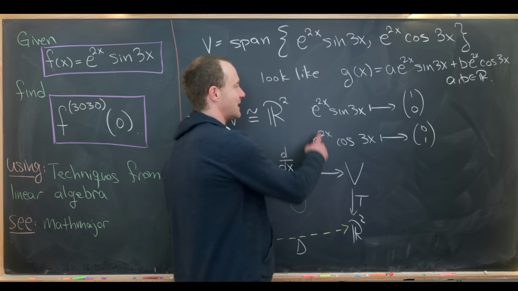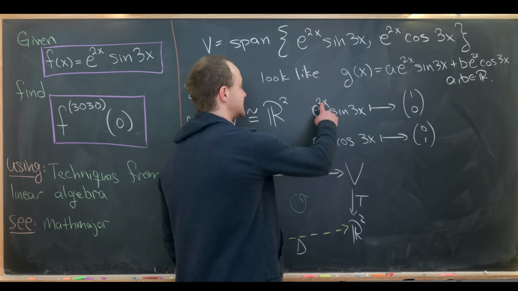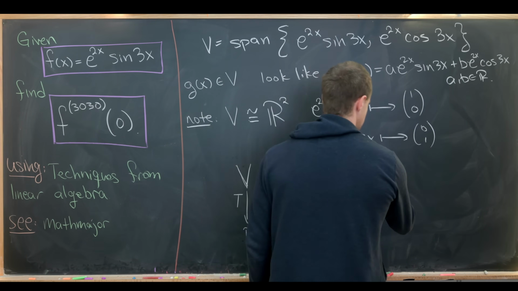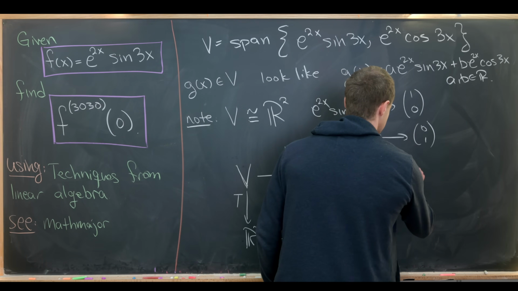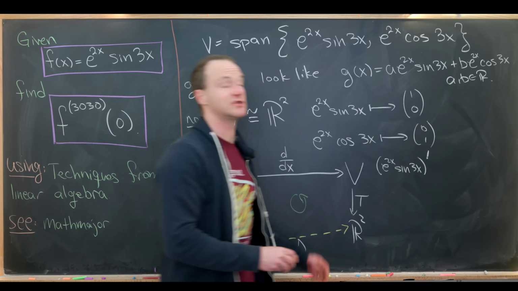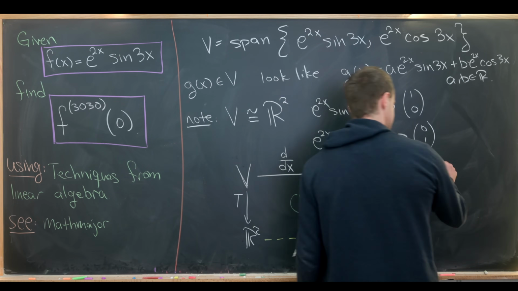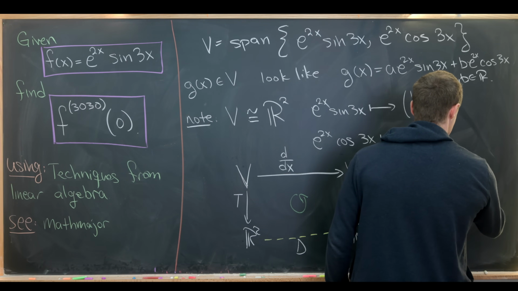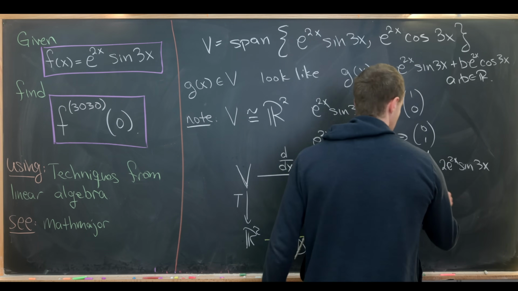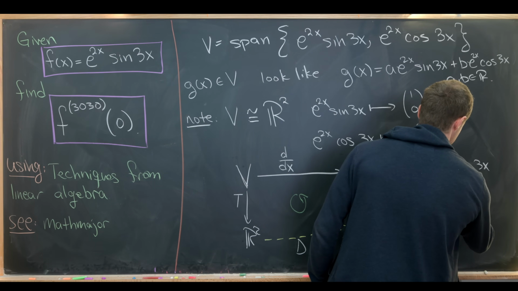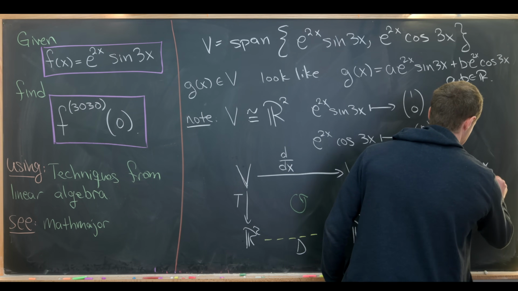And we can do it by taking the derivative of these two basis vectors for V. So let's notice that e to the 2x sine 3x prime, in other words, its derivative, is 2e to the 2x sine 3x, and then plus 3e to the 2x cos 3x.